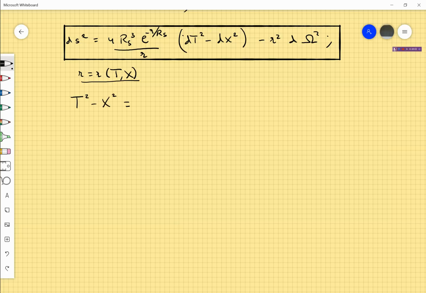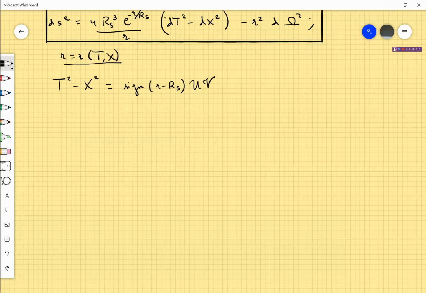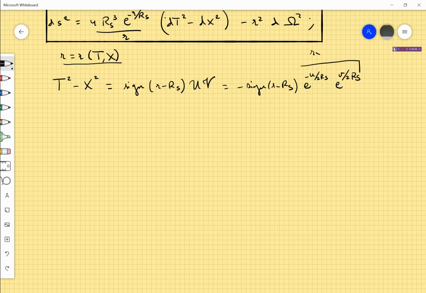So T squared minus X squared is, by definition, the sign of r minus rs times u and v. And if we remember the definition, this is minus the sign of r minus rs times the exponential of minus u over 2rs and the exponential of v over 2rs. Now remember that v minus u was r star divided by rs.